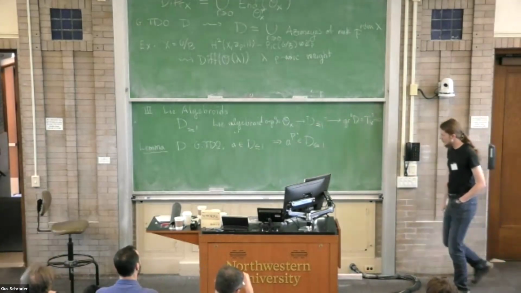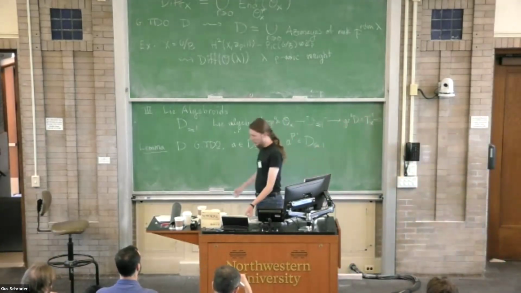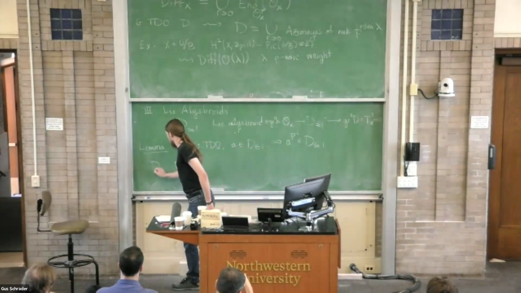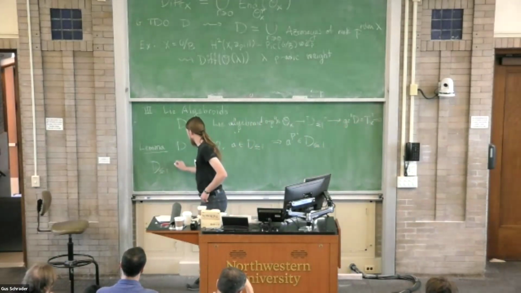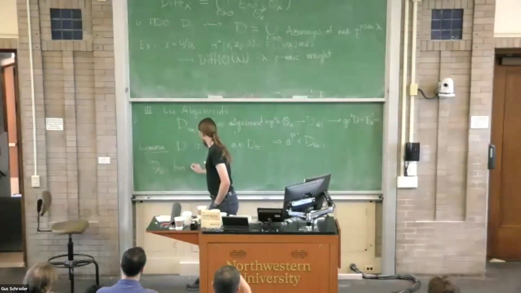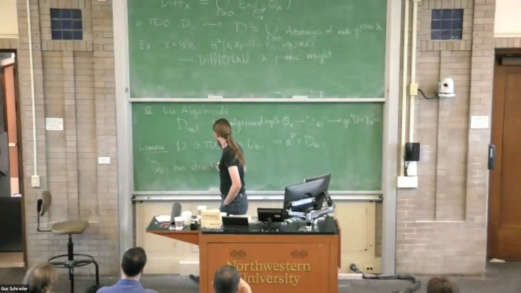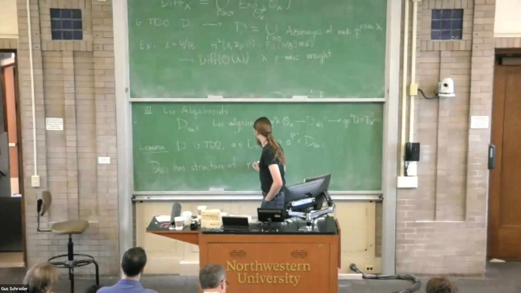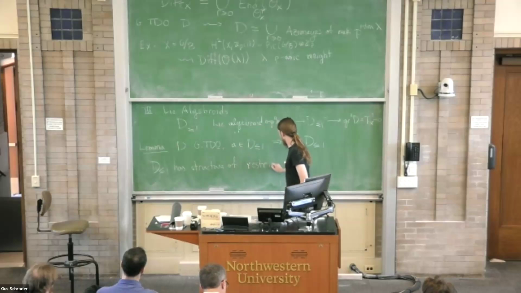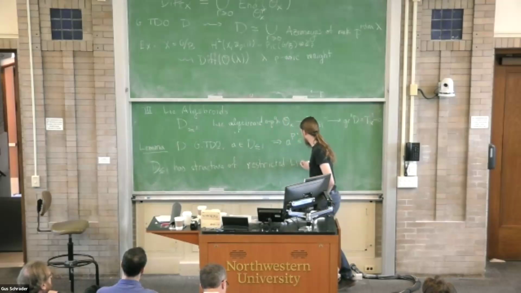Great. And so it turns out this D less than or equal to 1 in this case has the structure of a restricted Lie algebroid.